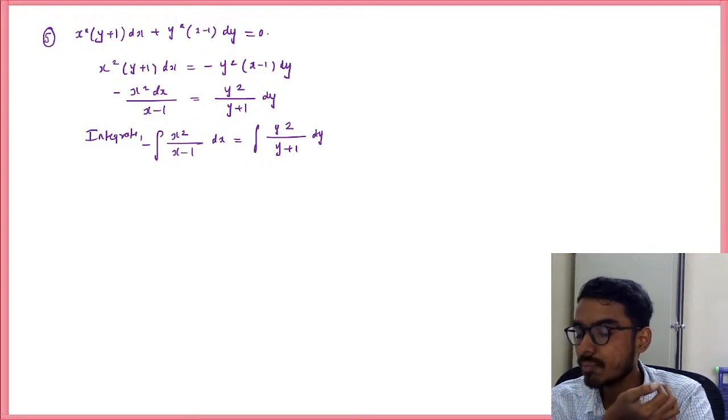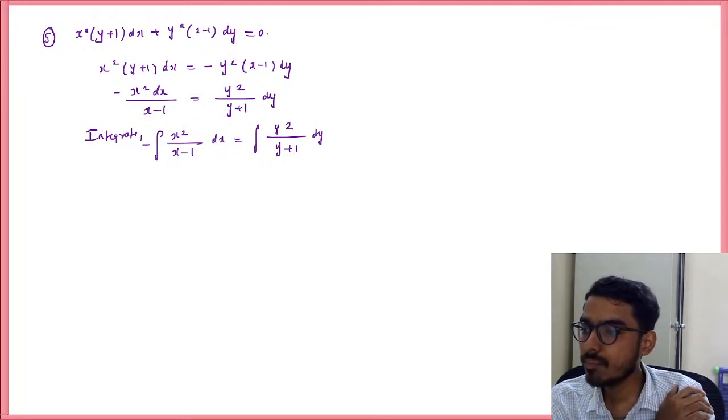Both are rational functions, but neither is a proper rational function, as the degree of the numerator is strictly greater than the degree of the denominator, right?